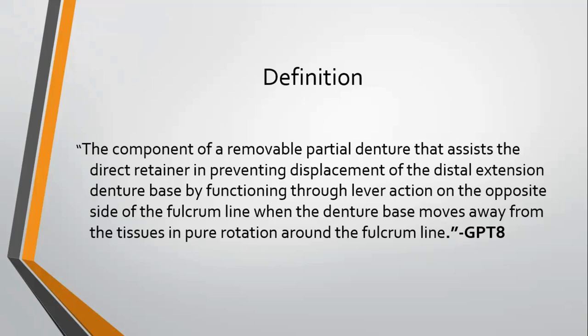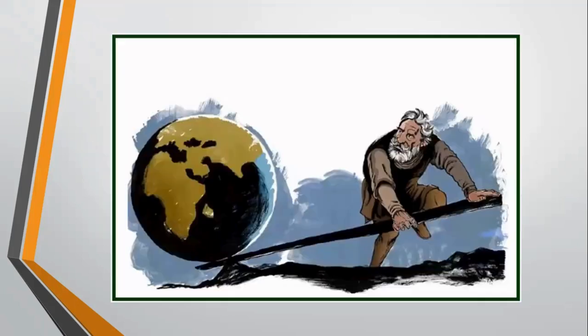So by splitting the definition: it's a component of the removable partial denture, it assists the direct retainer, it prevents displacement of the distal extension denture base, and it functions through a lever action. It prevents the movement of the denture base away from the tissue in a rotational movement around the fulcrum.